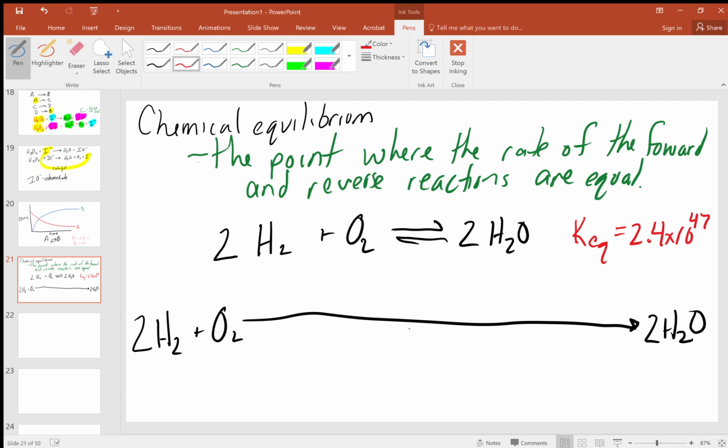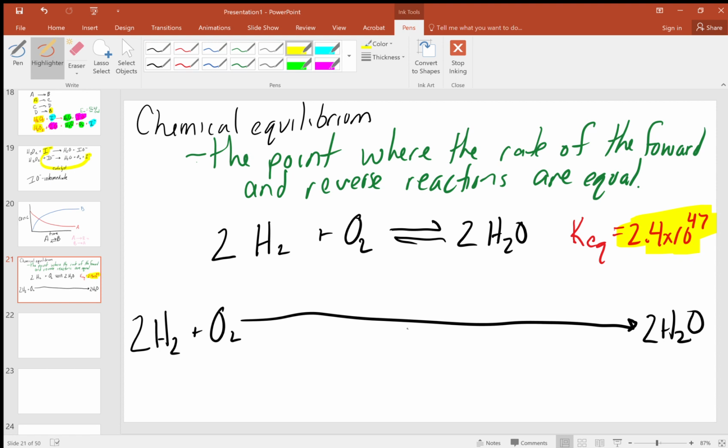And given that this one is 2.4 times 10 raised to the 47th, that means this reaction goes basically only in one direction. Again, it's theoretically reversible, and we'll talk about what this number means later on. But this one is really, in theory, only going to go in one direction.